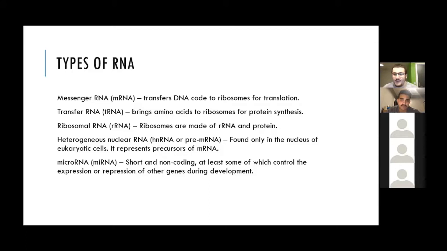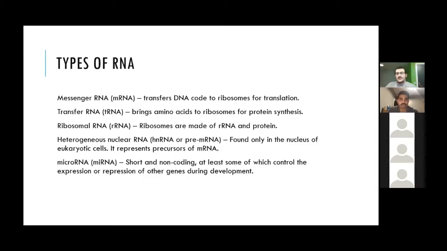Transfer RNA is the type of RNA that brings the amino acids to the codon in the ribosome by connecting to the codon of the mRNA through the tRNA's anticodon.